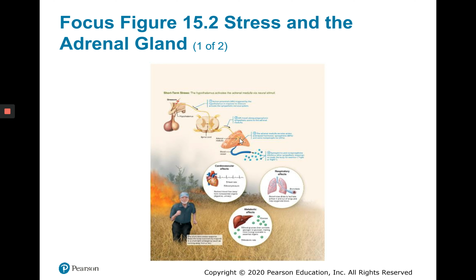As a result, the adrenal medulla, due to this stress response, is going to produce catecholamines, norepinephrine and epinephrine, which will lead to cardiovascular effects, respiratory effects, and metabolic effects. So with short-term stress, we would use the sympathetic nervous system and its connection to the adrenal medulla to, say, flee a fire or run from a bear in the woods, or if you're threatened, fight someone.